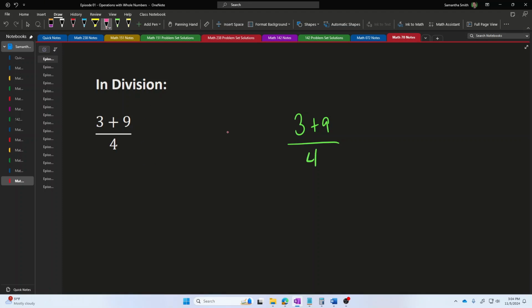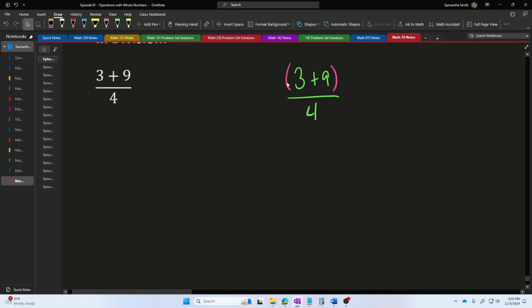So even though I cannot see parentheses here, you should understand that everything on top of the bar is inside hidden parentheses, and you should complete that operation first. So 3 plus 9 would give us 12 at the top of the bar, and 12 divided by 4 would be 3. So 3 would be my answer to this question.